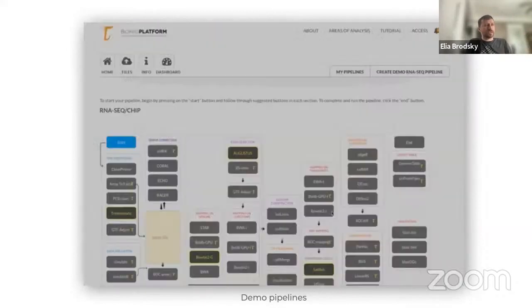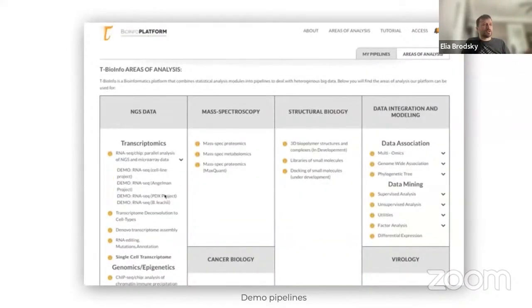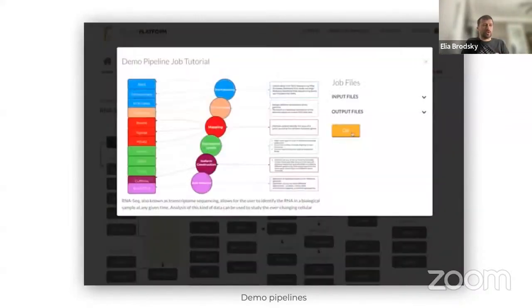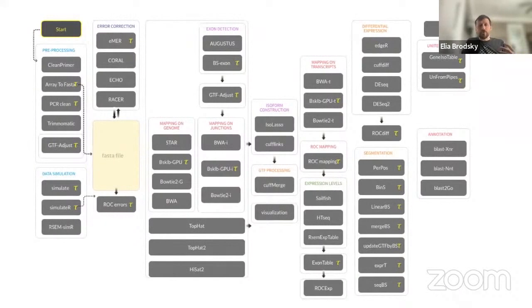And so, as you can see here, you can both learn as well as translate that understanding into an actual research project.